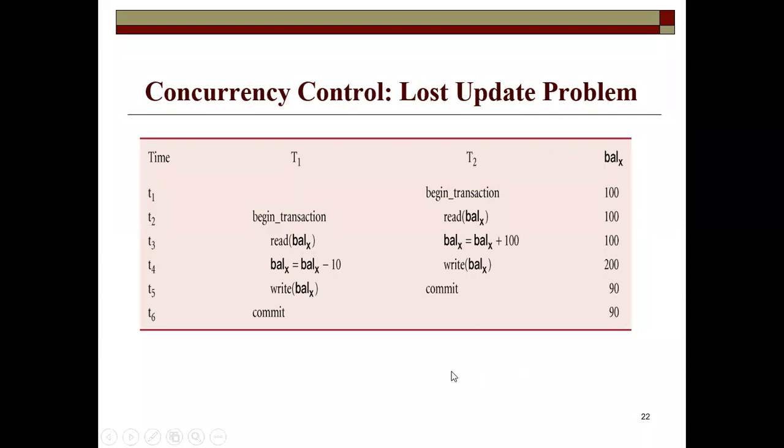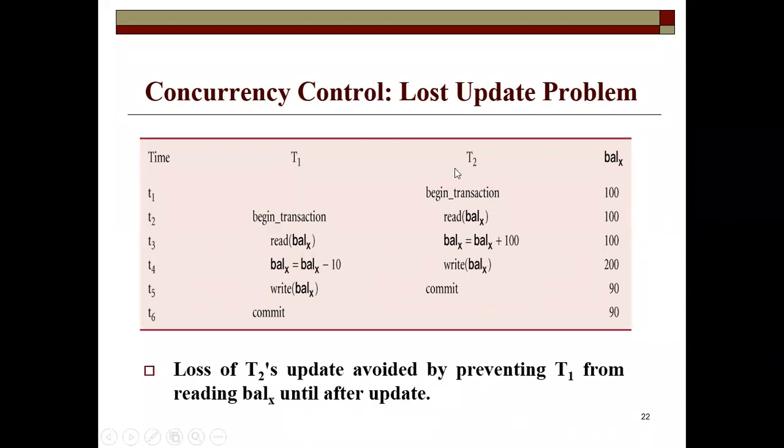So we are simply saying that we lose transaction T2's update, reason being T1 read while T2 was going to make an update. So we need to prevent the reading of this balance of X before the update has actually occurred.